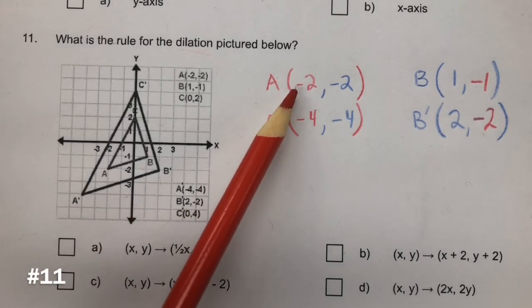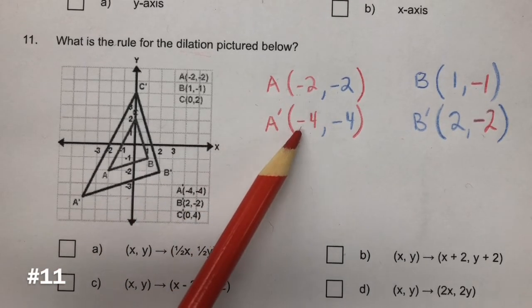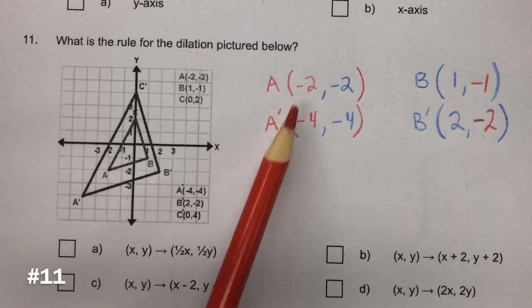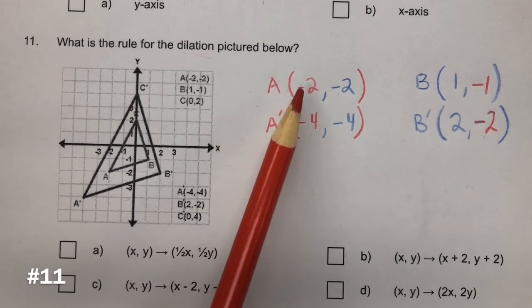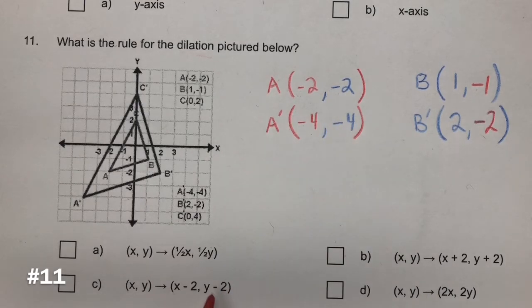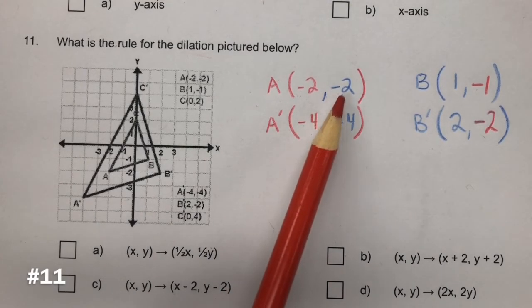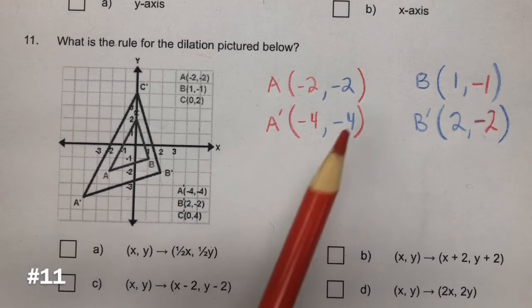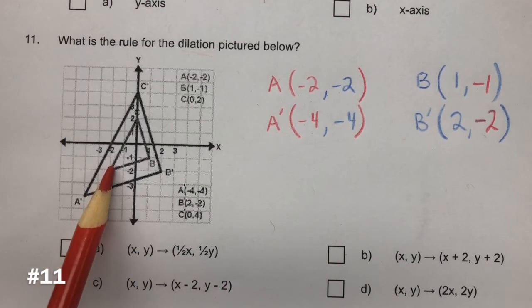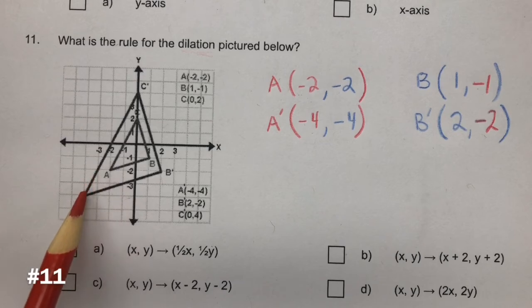Well, from -2 to -4, one of our options down here is that we're subtracting 2. Well, -2 minus 2 is -4. And for the y, you're subtracting 2. -2 minus 2 is -4. Well, that works, but you can see that we're increasing the size.